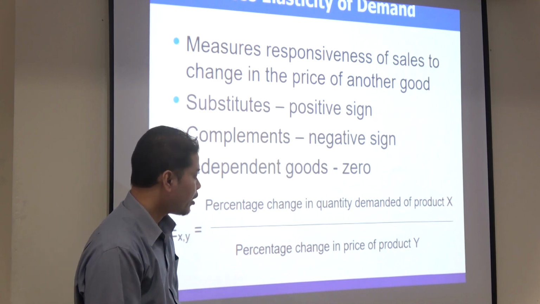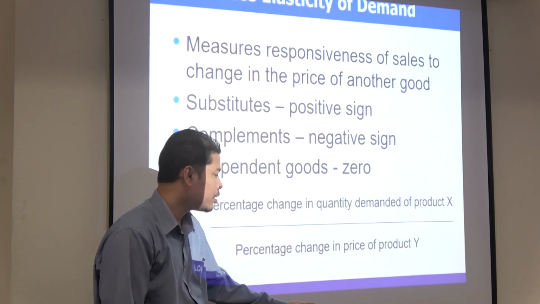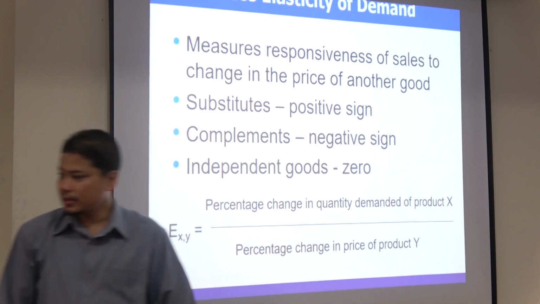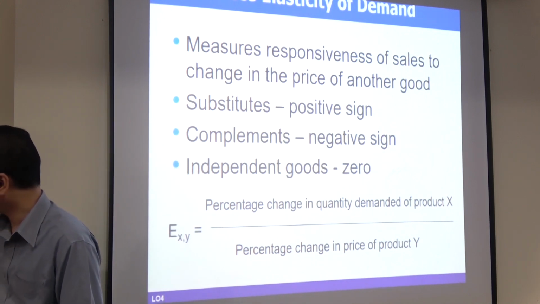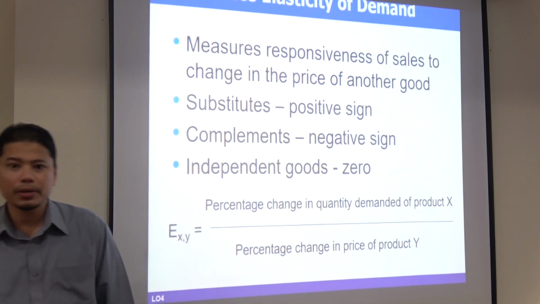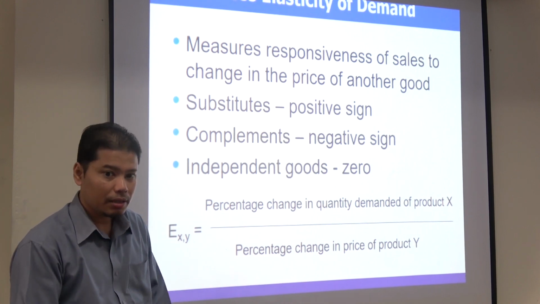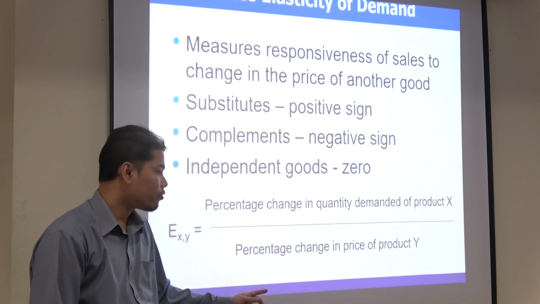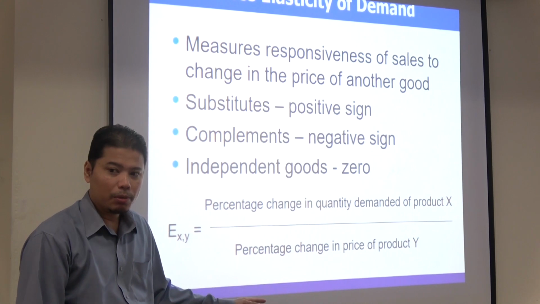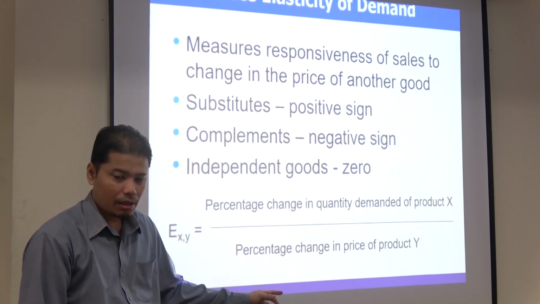Another possibility, if the price of Y declines, let's say the price of apple, what will happen? According to the law of demand, when the price of apple declines, people will buy more apple.